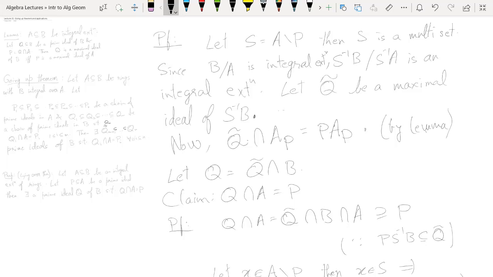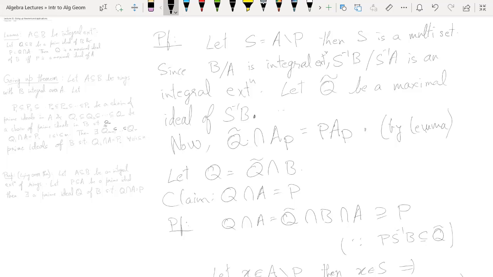Now let Q tilde be a maximal ideal of S inverse B. By the lemma which we have proved, if we contract it to S inverse A, that is, if we intersect Q tilde with S inverse A, it must be a maximal ideal. That is what the lemma says.